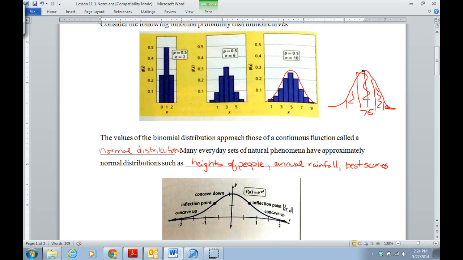Okay? So naturally, when you're talking about tests, most people fall in that average range. So if I give you a mean of how well you guys did on a test, then one standard deviation away from that, above and below, that's where a lot of you are. We'll talk about that in a minute, okay?